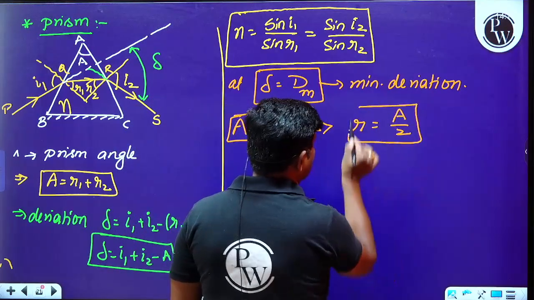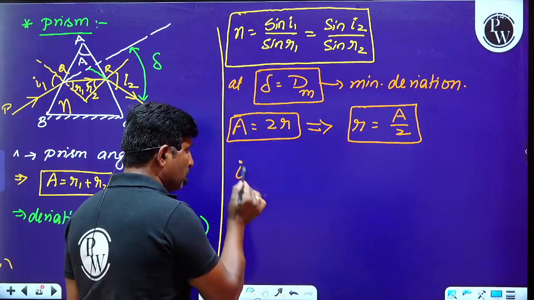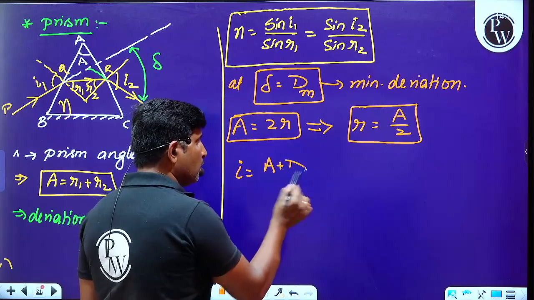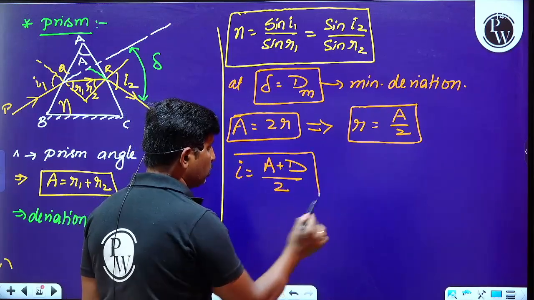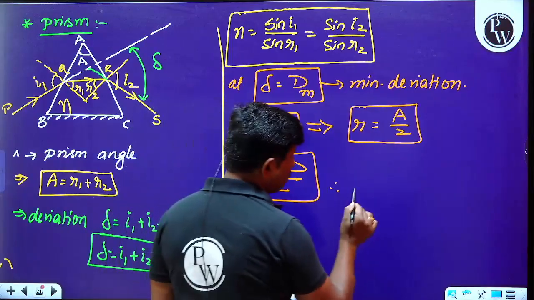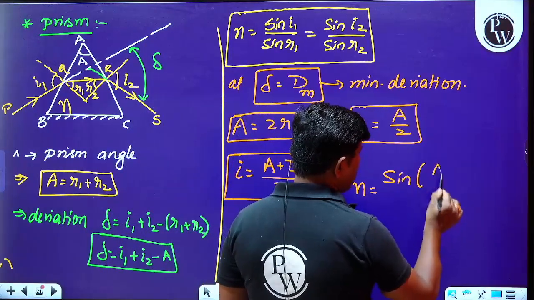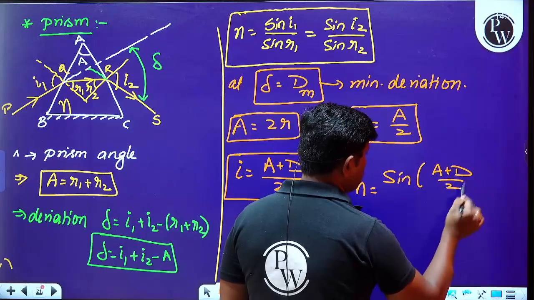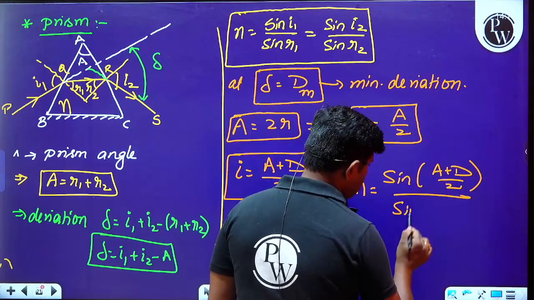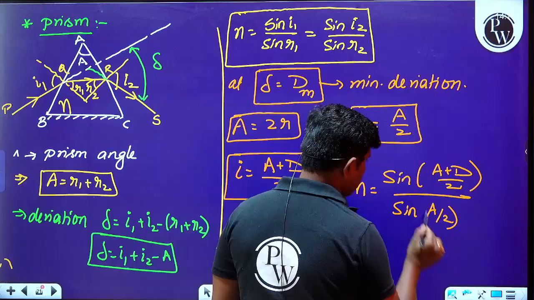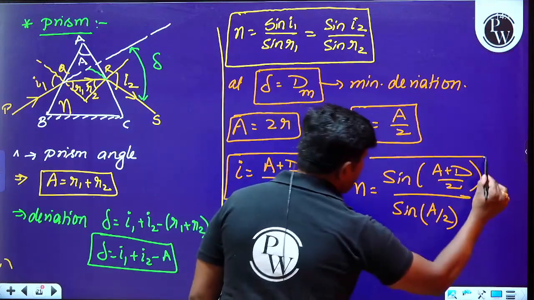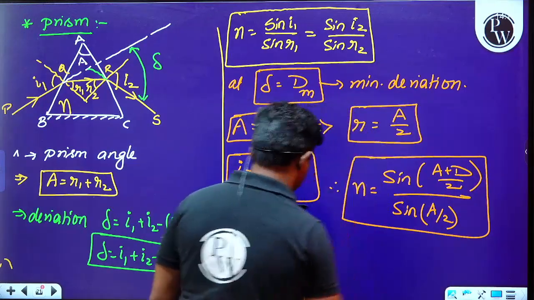R becomes equal to A by 2 and angle of incidence is equal to A plus D by 2. Therefore, n becomes equal to sin of A plus D by 2 divided by sin A by 2. Okay, that is the prism formula.